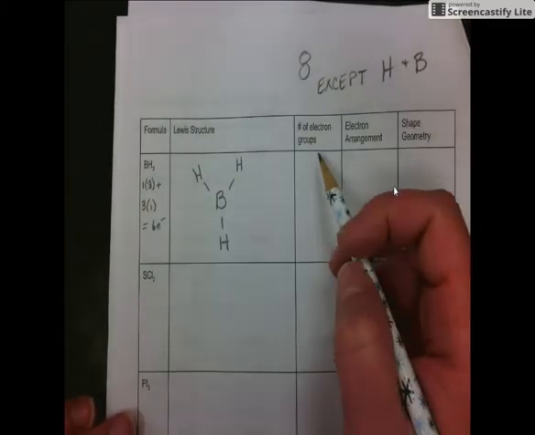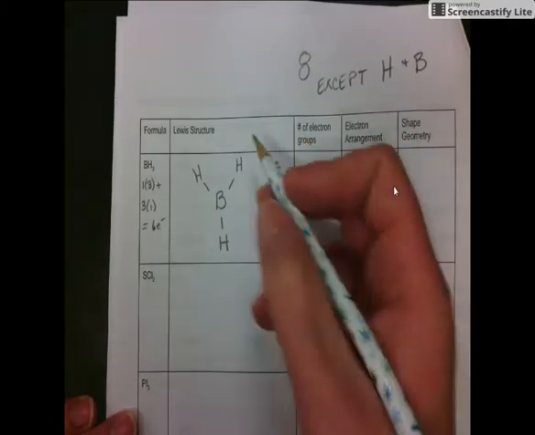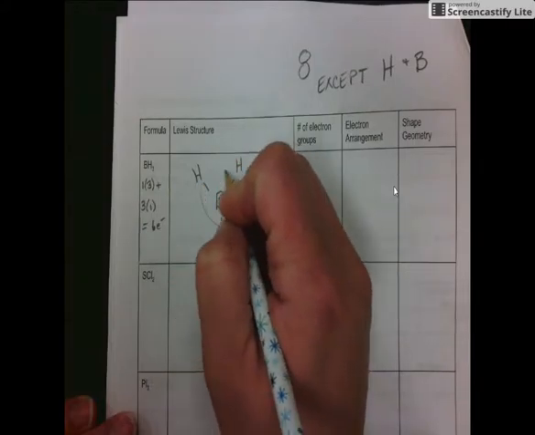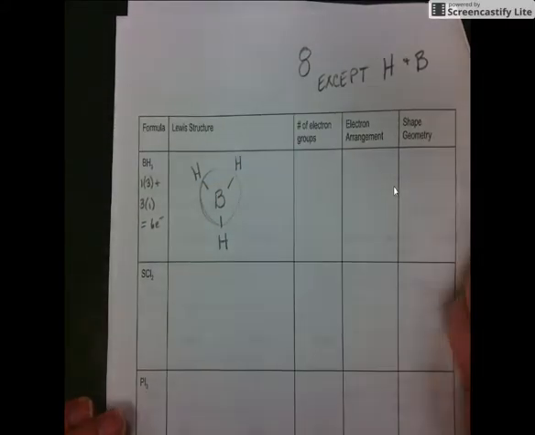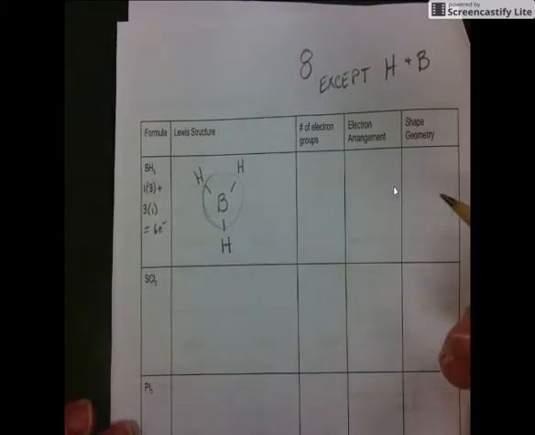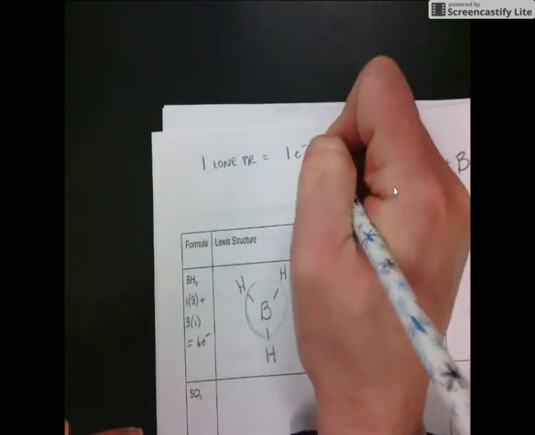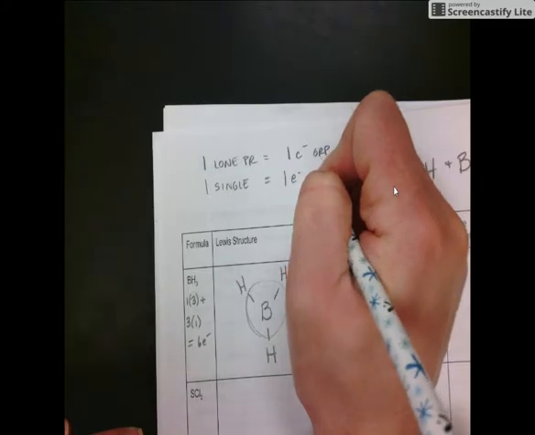So now we move on to what we call an electron group. In order to look at electron groups, we look at that central atom, the atom that is in the center. When we refer to electron groups, we look at the things that are coming off of that central atom. So what constitutes an electron group? When we have one lone pair of electrons, that is one electron group. When we have one single bond, that is one electron group.